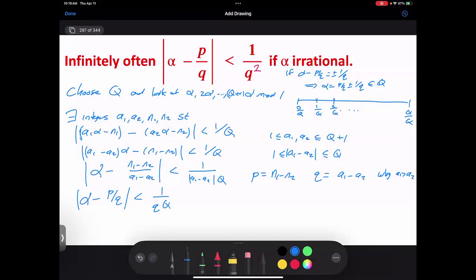Well, we know little q is at most big Q. So if I replace big Q with little q, I can't make this smaller. It might stay the same if big Q is the same as little q, but it definitely can't get smaller. It might get a little bit larger. This is going to be less than or equal to 1 over little q squared. So we just found a choice of P and Q such that alpha minus P over Q is at most 1 over little q squared.